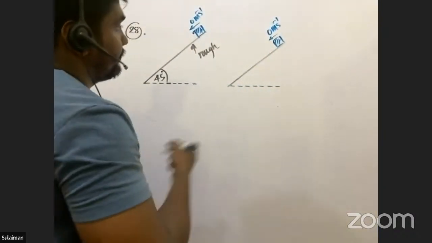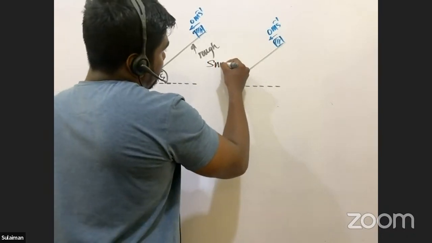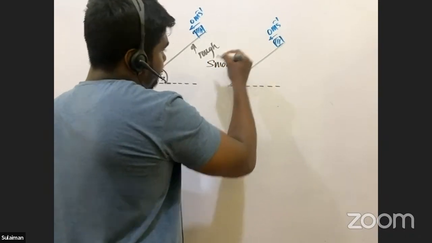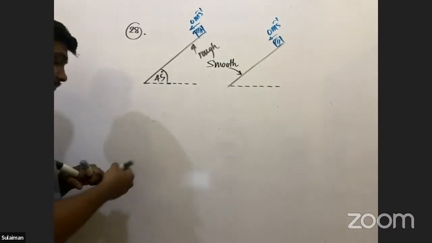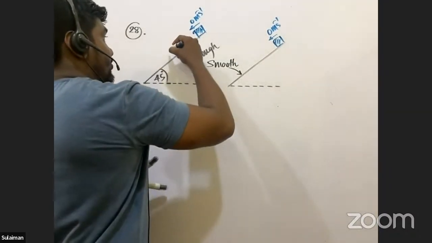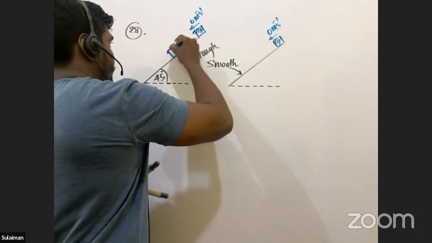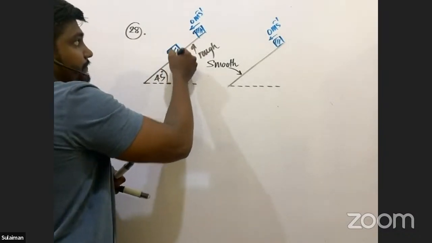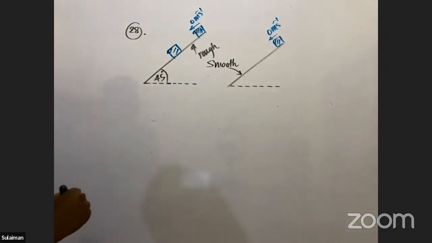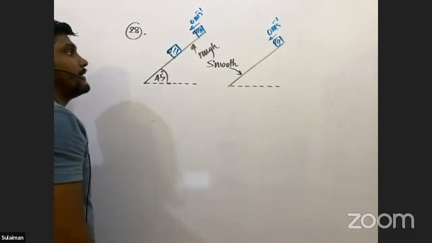This is smooth. Right? If I draw a general position of this object, we can mark the forces. What are the forces acting on this object when it is moving on a rough plane?